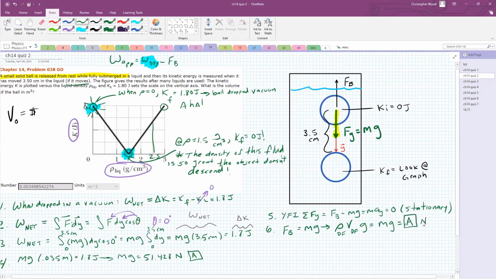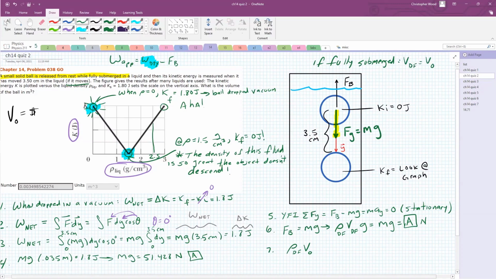All right. So I'm going to do one more little rewrite because I just want to stress the following. I have the density of the displaced fluid times, here's a substitution, volume of the object. Because in this case, if fully submerged, I can say the following. The volume of the displaced fluid is the same as the volume of the object.